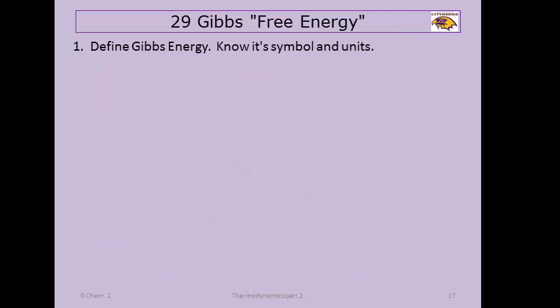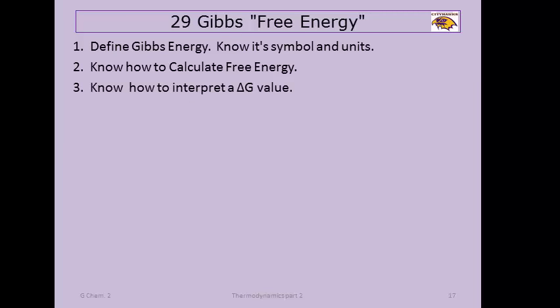So I hope this has helped you understand Gibbs free energy, to know its symbols, to know its units, usually in some sort of joules or kilojoules per mole. Know how to calculate it using both the Gibbs equation and also to use products minus reactants using the Gibbs energy formation. Know how to interpret it. If it's a negative sign on it, we know that it's spontaneous.